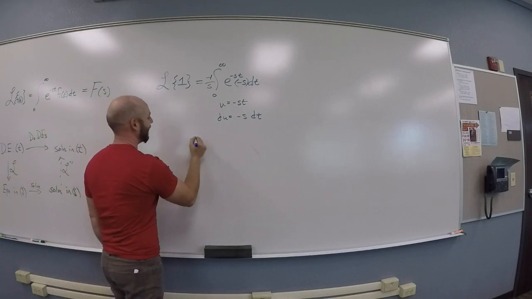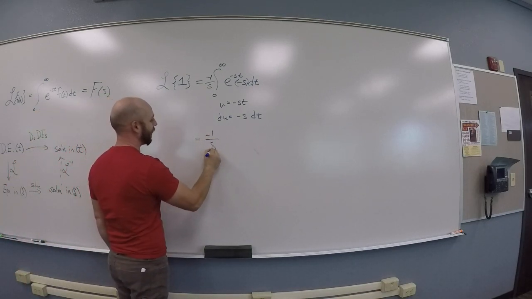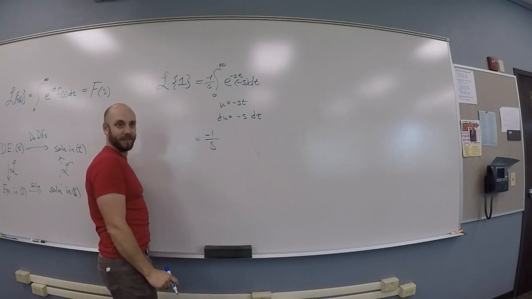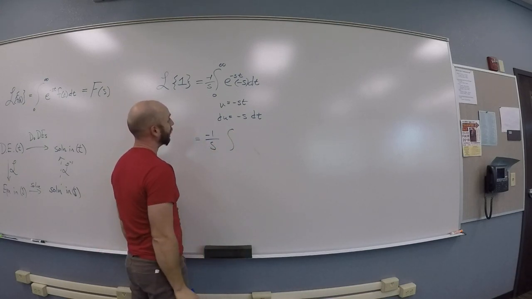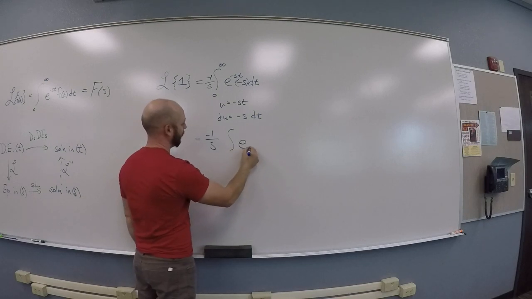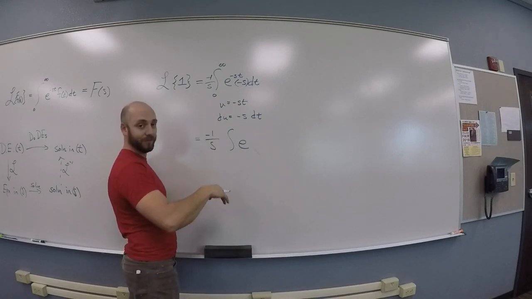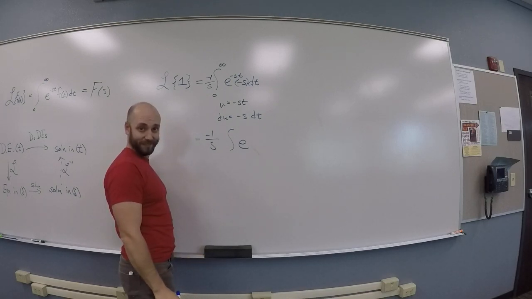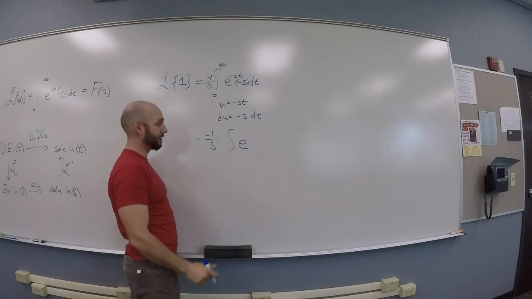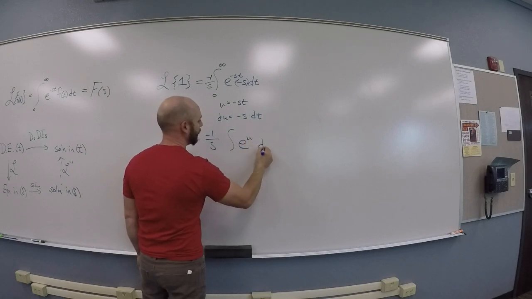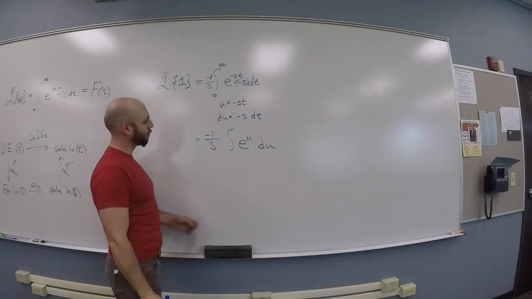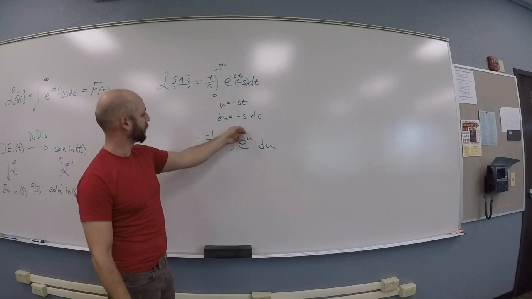Okay. Alright, so I got minus 1 over s, right? The integral of e to the u du. Oh, you forgot your limit. Yeah, I forgot the bounds. But e to the what? u. It's just negative one over s du. And then you're like, wait. What about the bounds?